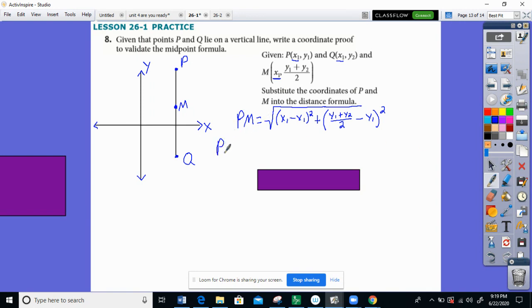Okay, so all we need to do is simplify out this expression. That's going to be, like we've already seen several times, we want to get a common denominator. So that's going to be minus 2y1 over 2. That whole expression is squared.